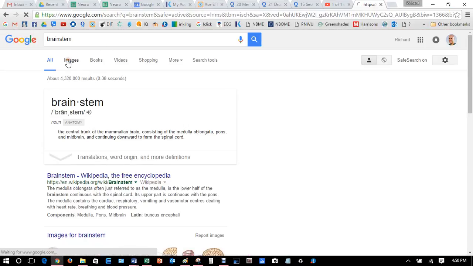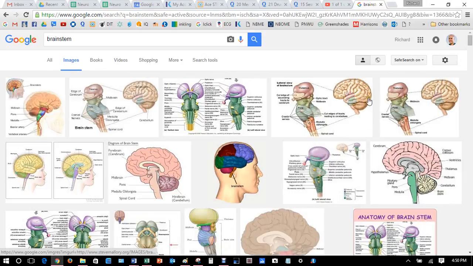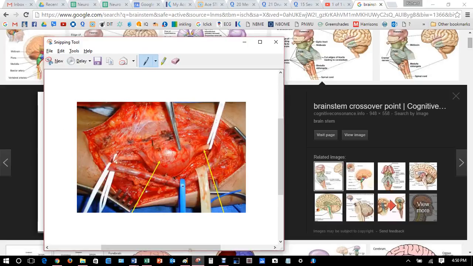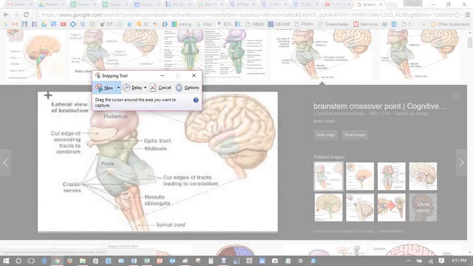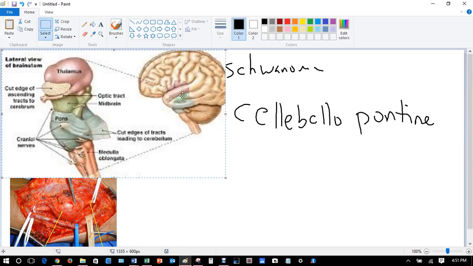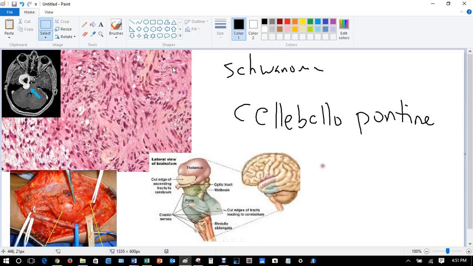This one will probably work. Here is a cut of a brain with different parts. We have the cerebellum back here, and then we've got the pons right there. So when this says cerebellopontine junction, I'm imagining it's right there, most likely.